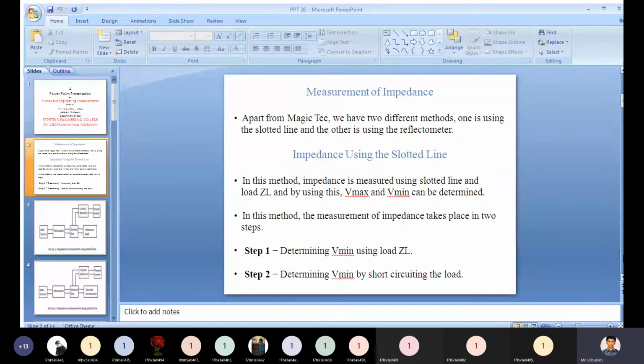In this method, impedance is measured using slotted line and load impedance ZL.